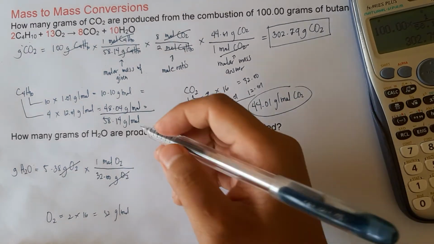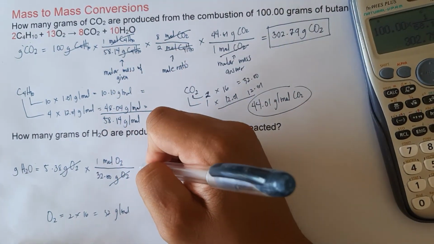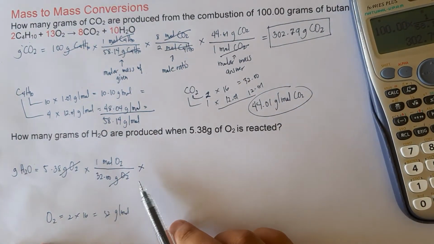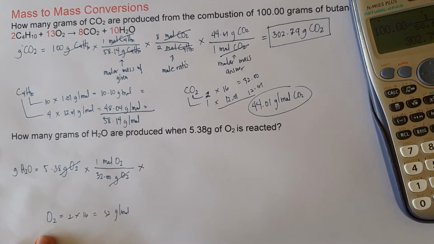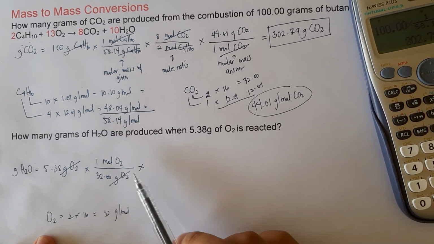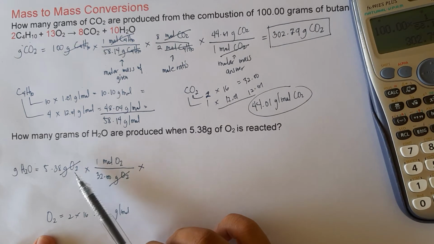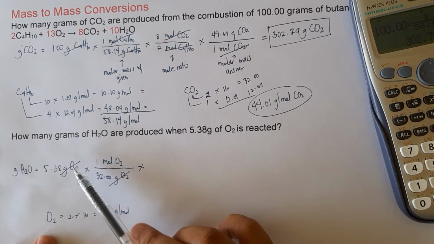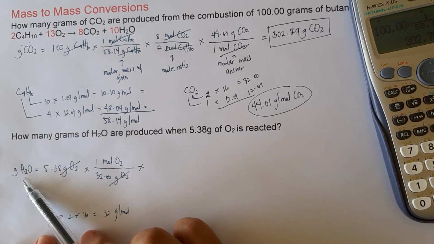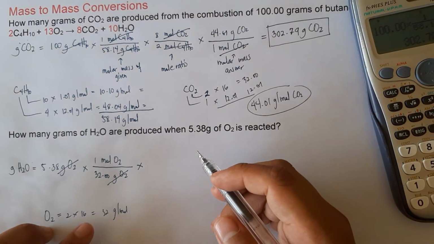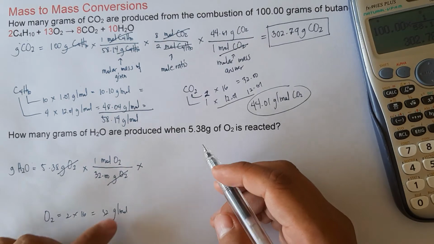I hope nakakasunod po kayo. So, again, we multiply it by, saan natin i-multiply? We multiply it by the molar or the mole ratio of the given and what is being asked or yung hinahanap natin. So, we need to cancel mole of oxygen gas.